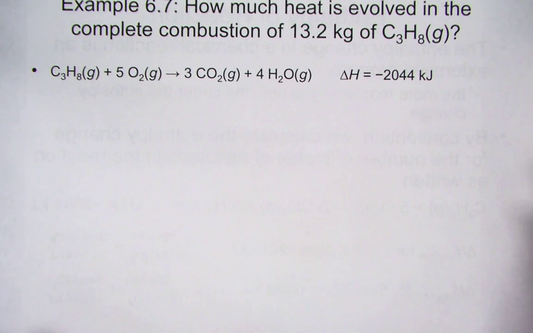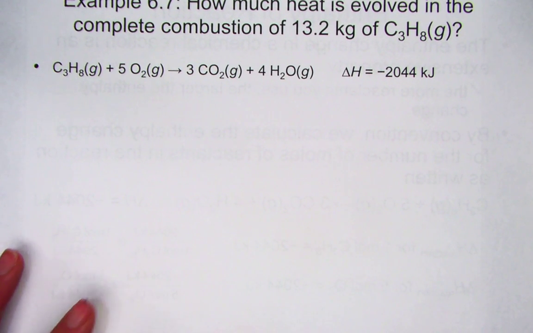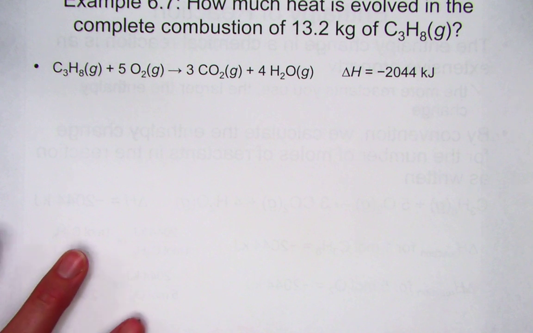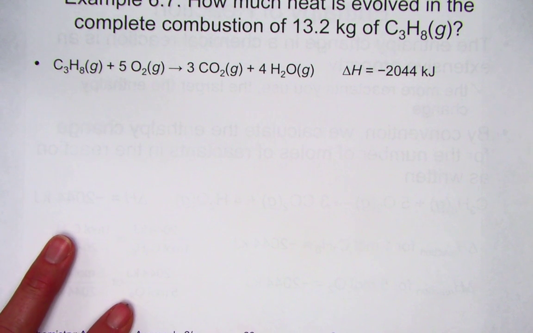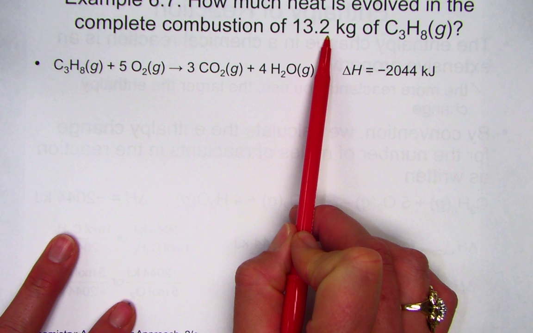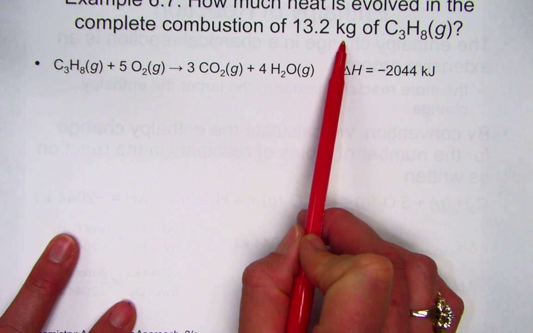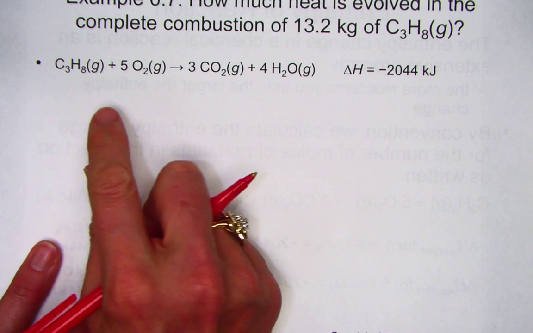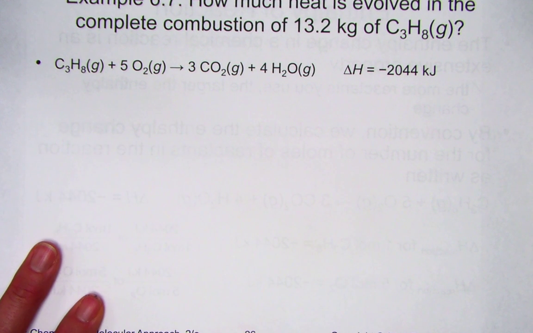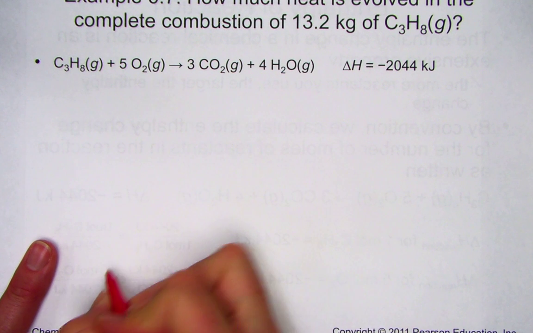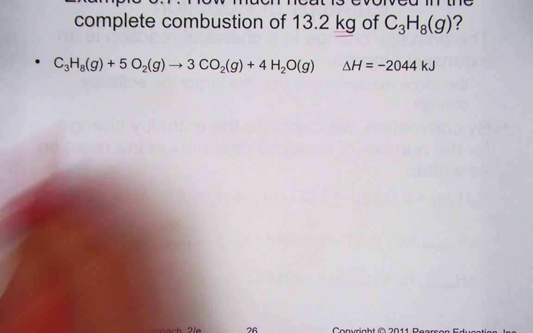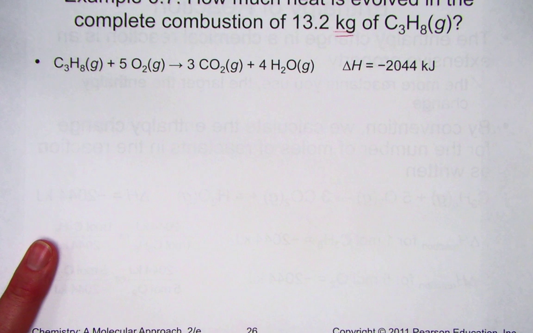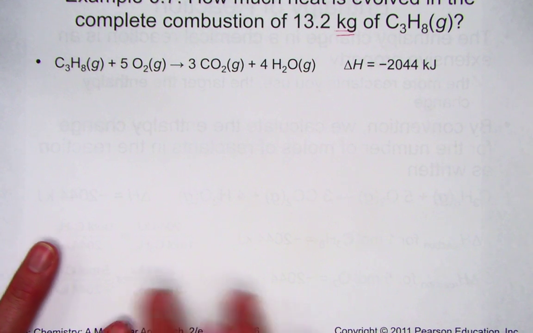And let's model what one of those would look like. In example 6.7, how much heat is evolved in the complete combustion of propane? And the mass that they're giving us is 13.2 kilograms. 13.2 kilograms of propane. Just as a side note, this kilogram should be placed into a gram unit as entering into our stoichiometry roadmap.